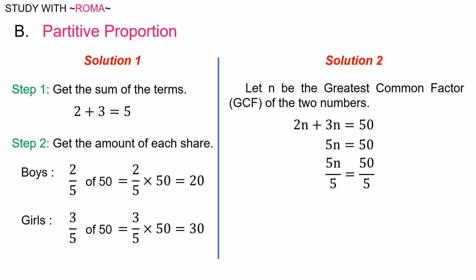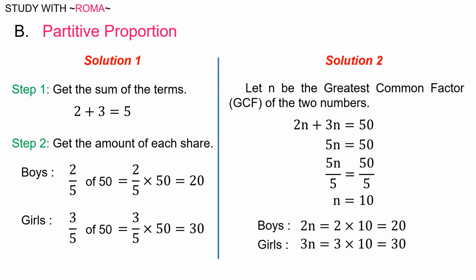Divide both sides by 5. 5n divided by 5 is equal to n, and 50 divided by 5 is equal to 10. So the number of boys is 2n, which is equal to 2 times 10 equals 20. And for the number of girls, 3n is equal to 3 times 10, which is 30.